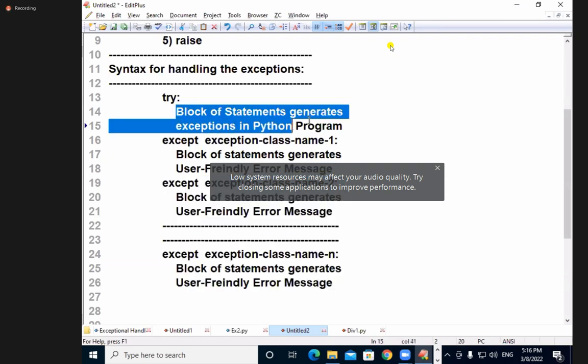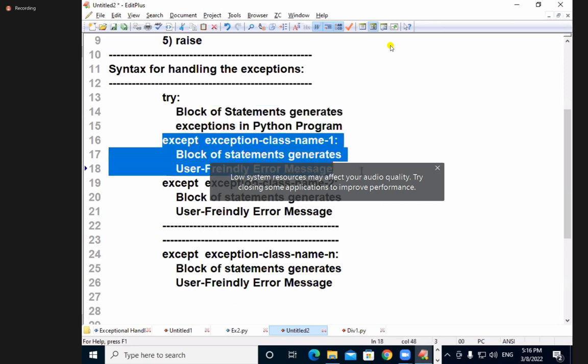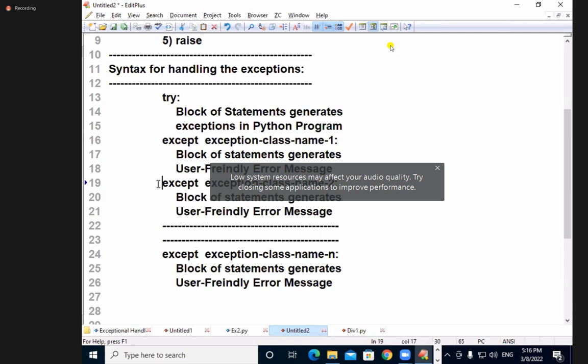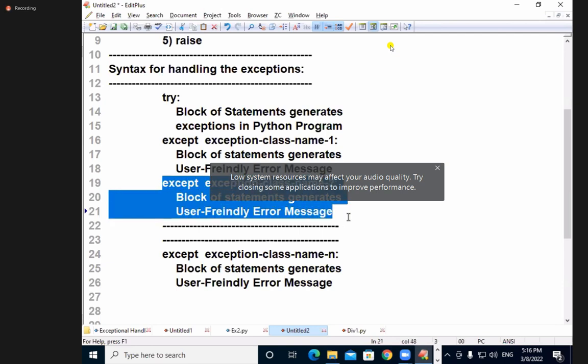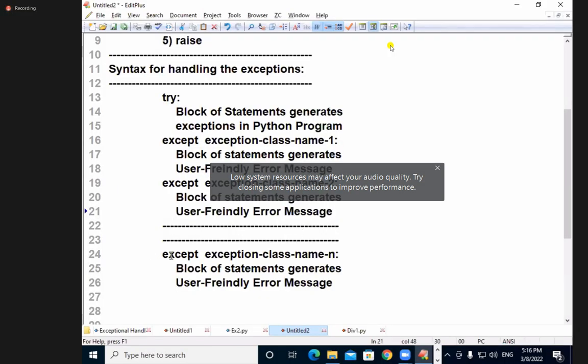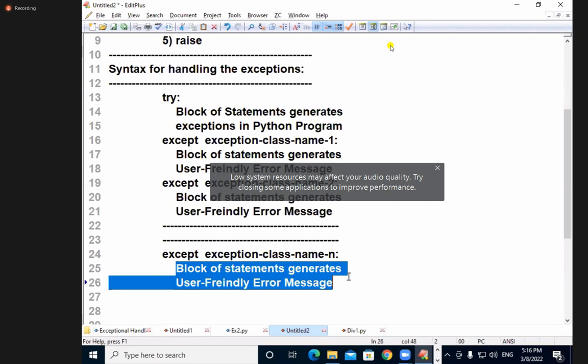Which exception occurred in the try block? Index error, we got it. Is the first one matching? No. PVM comes to the next except block. Is it matching? No. Is the last one matching? Yes, index error is written. Value error is written, here zero division error is written. 3 exceptions are there, the last exception matches. Is the last exception's block of statements executed or not?